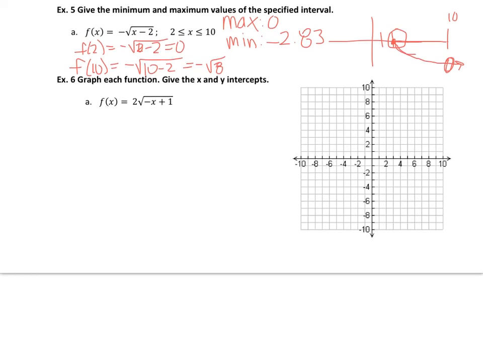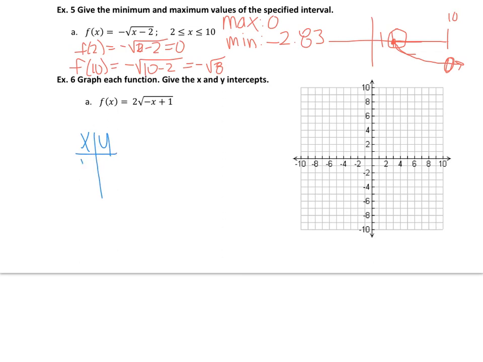Okay, and last example is just graphing. So again, the easiest way to do this would be to go ahead and plug in your function into y equals, and go ahead and graph that out. So 2 square root of negative x plus 1. The best way to get values would be to go to your table so that you can get exact values. And I would make sure that you pick values that are like whole numbers.